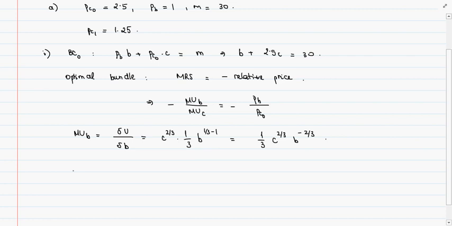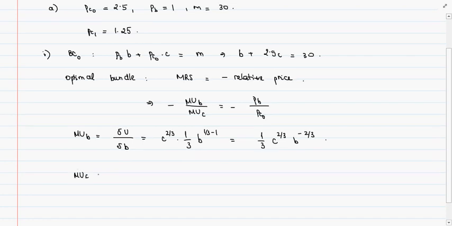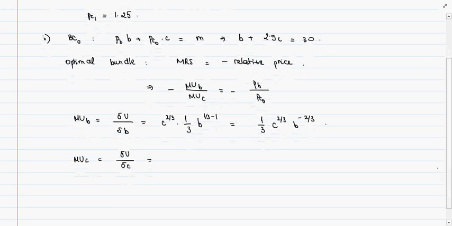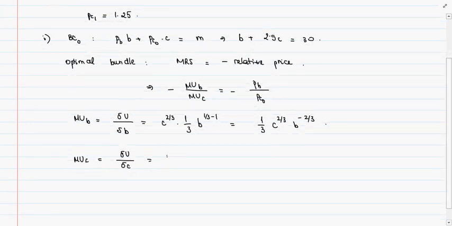Very similar for marginal utility of C, where we differentiate the utility function with respect to C. We're treating B as constant, so B to the power a third will remain the same. And we multiply by the differential of C to the power 2/3, so that gives us 2/3 C to the power 2/3 minus 1, and so that is 2/3 B a third, C negative a third.